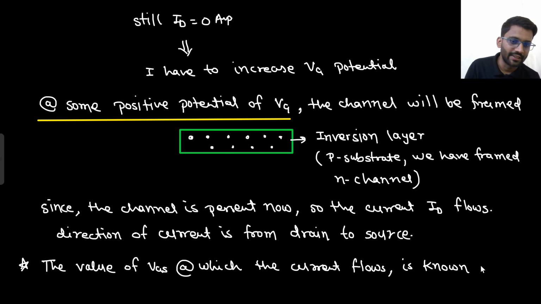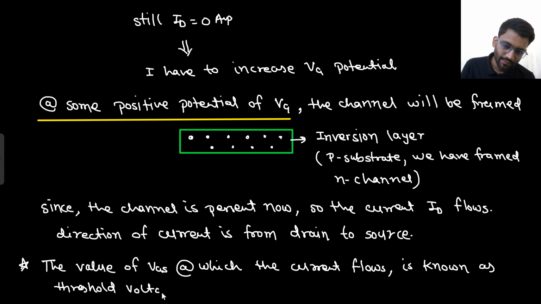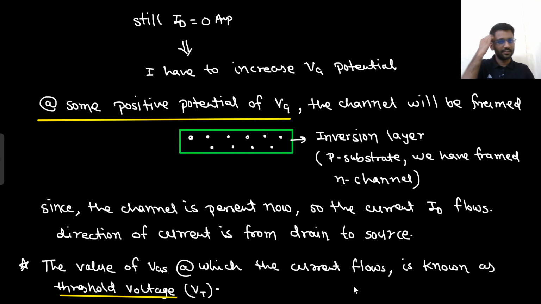So that potential is known as threshold voltage, which we show by Vt. This is not thermal voltage. This is threshold voltage. This is shown by Vt. Well and good.